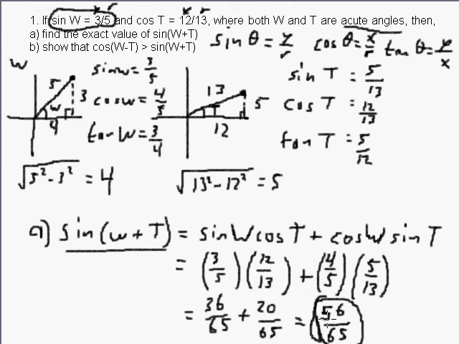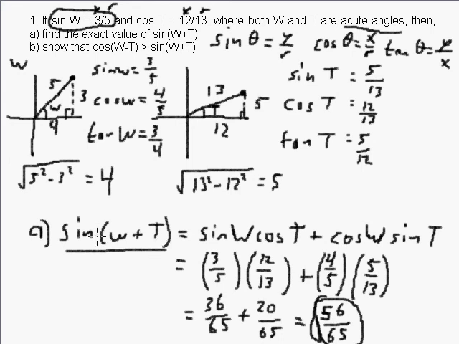Now, what you might be asking yourself is, how do I know I'm supposed to do all of this from just the question? And here's how. What you do if you get this question is, even if you didn't know to do all of this first, you just write down sine of w plus t like I did here.